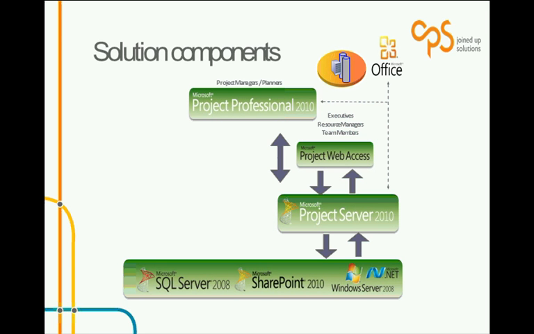Essentially, we're still going to use Microsoft Project as a planning tool, except that we're going to save our plans and interact with resources differently. But really, we're only going to give the heavy planning tool, Project Professional, to the more heavyweight planners out there. So the people actually going in to plans, creating dependencies and creating tasks within plans.